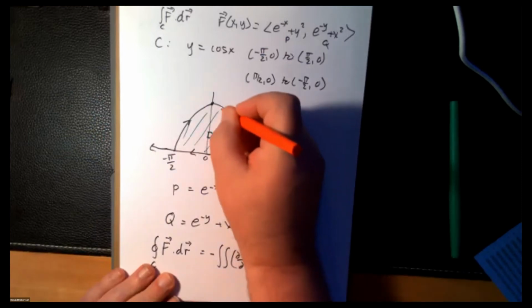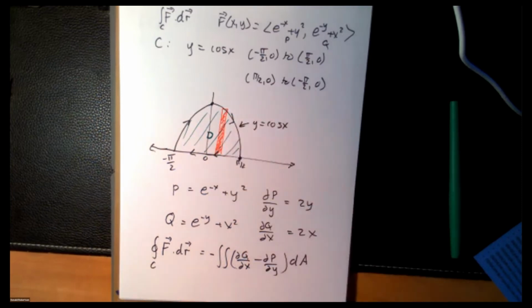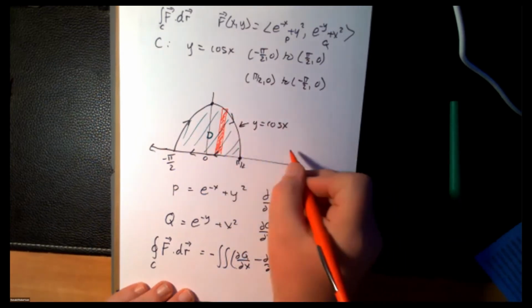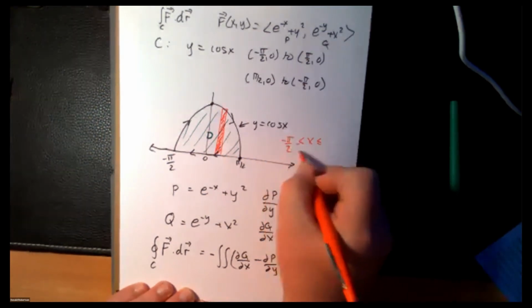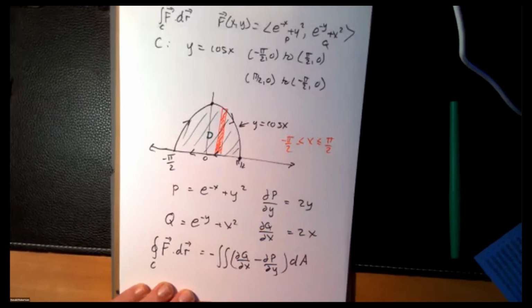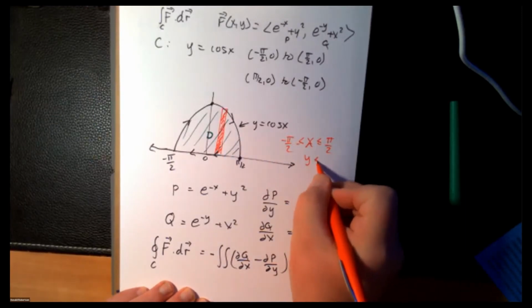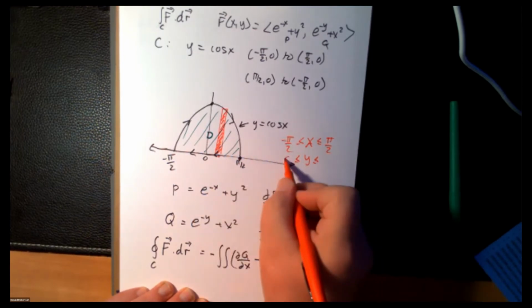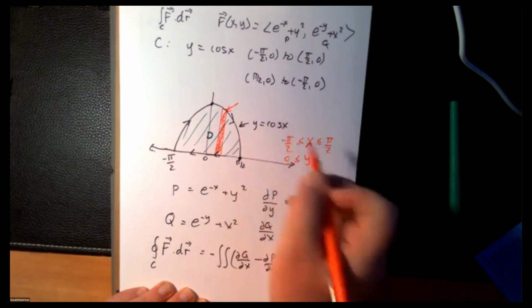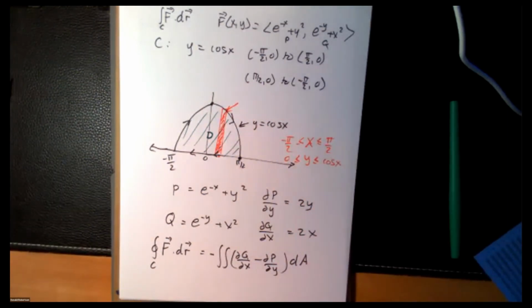I think this is a good candidate, isn't it, for a vertical rectangle? And if I do a vertical rectangle, won't the x's be between negative pi upon 2 and positive pi upon 2? And the y's will be from the bottom, where the y value is 0, to here, which is cosine x. Are you happy about the boundaries that I've just set up?